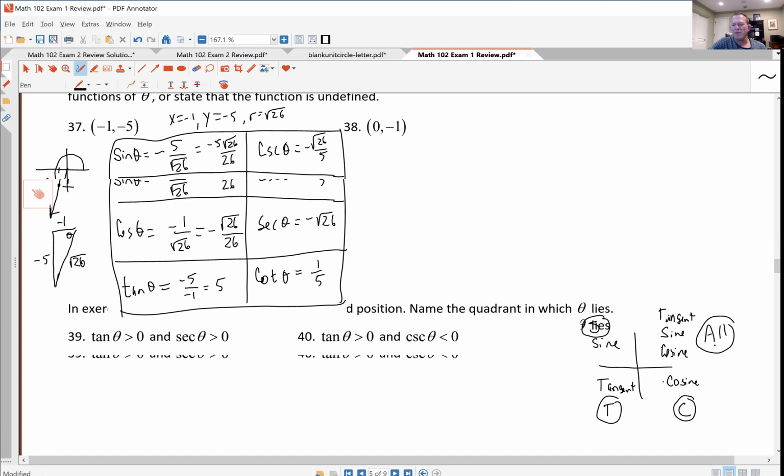So a lot of people will memorize that all students take calculus, to memorize where the trig functions are positive. Okay, we'll use that in just a second on 39 and 40.